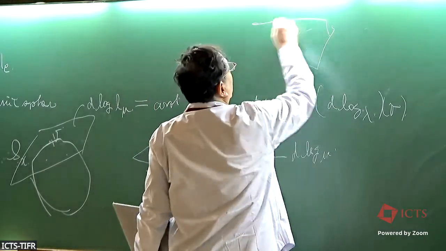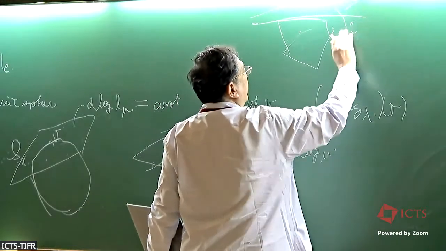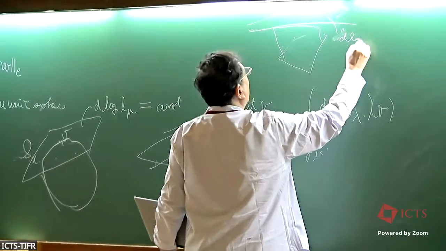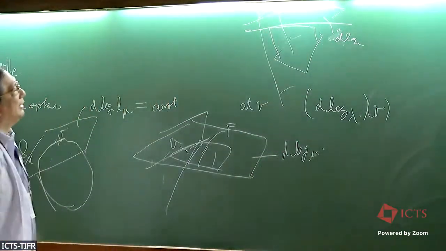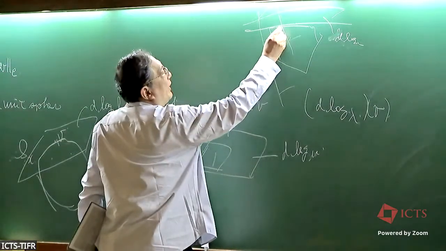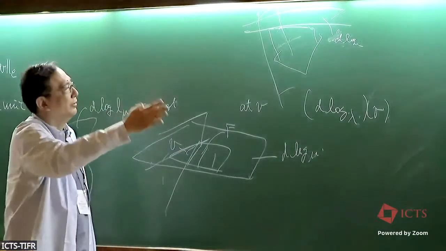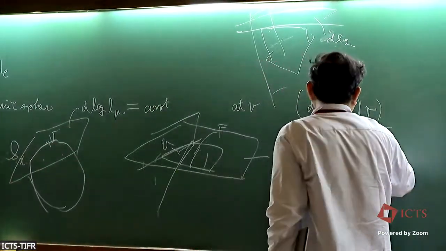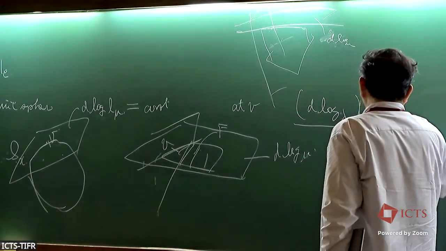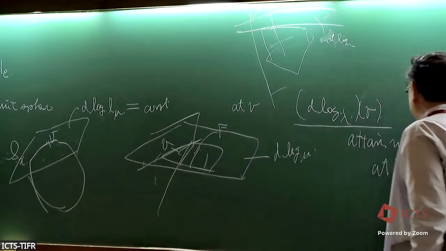You have a hypersurface here, which should be something like d log mu. But for any other hypersurface like that, this point V is below this hypersurface. So that means this value attains a maximum at lambda equal to mu.